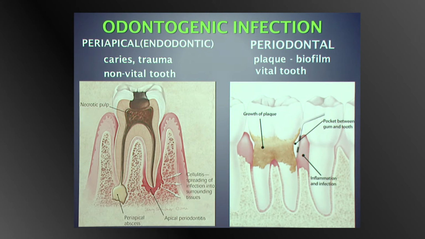Now, just to make sure that you took in something this morning, which I know you did, periapical sepsis, endodontic, okay, inside, caries, trauma, non-vital tooth, spreads down the root canal, gives you a tooth which is painful to bite on. Okay, periodontal disease around the tooth results from plaque and biofilm, and the tooth is alive or vital.